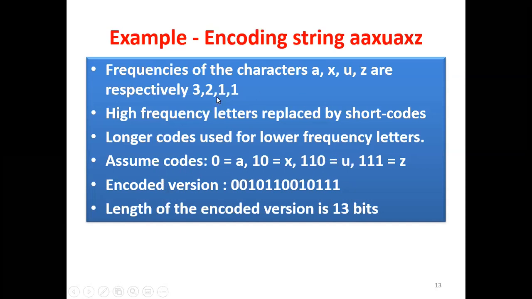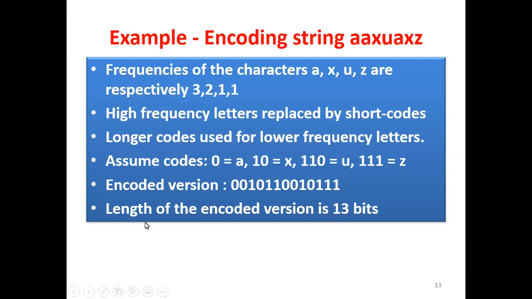To encode this string, we encode A occurring twice, which is 00. Then X occurring once, which is 10. Then we have U occurring once, which is 10110. Then we have A again, which is 0, and we follow the pattern until we get to Z.